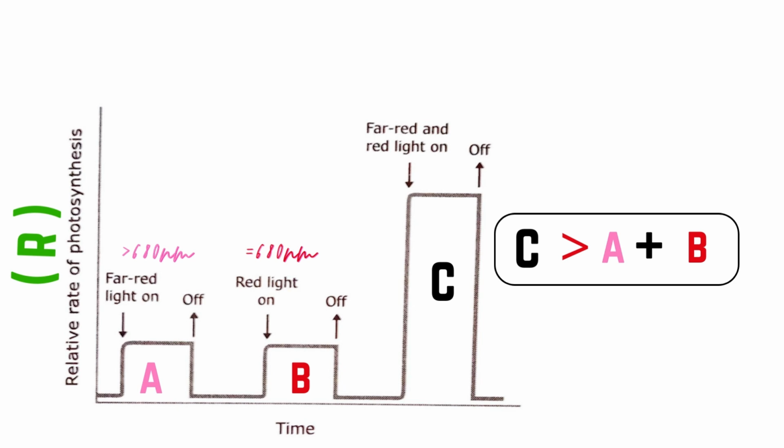And the peak C indicates when both types of light are provided, the actual experiment performed by Emerson and Arnold. When they provided both the far red as well as the red light, they observed a 2 or 3 times increase in the photosynthetic rate, as indicated by the mathematical expression: the sum of A and B is less than the value of C. This is what Emerson's enhancement effect is.